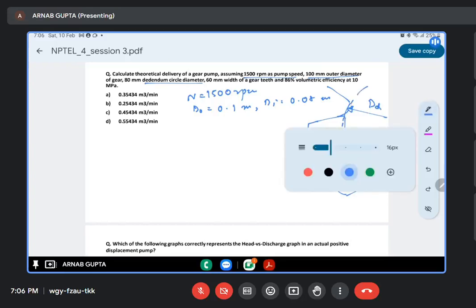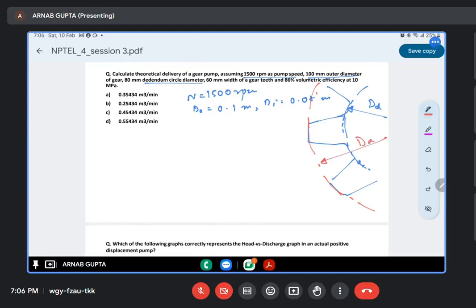And if you take this outer circle that moves through the tip of the tooth, this is the addendum circle, and the distance is called the addendum circle diameter. This is what we have denoted by outer diameter, and this one by inner diameter. So as we have seen, the liquid will be flowing through this particular pocket.